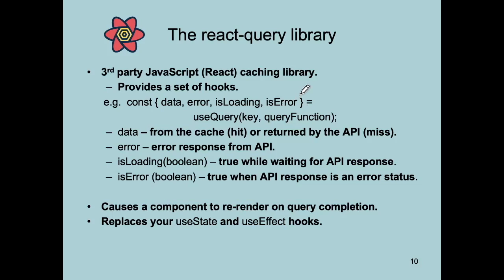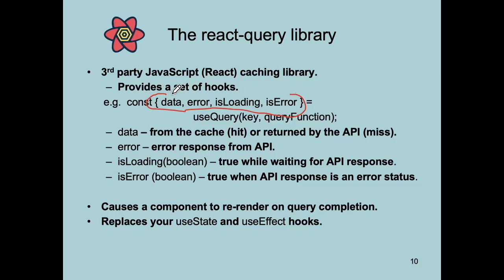Now, what it actually returns is something a little more elaborate than that. I'm showing you here that it returns an object structure with a number of parts to it. The data key within this object structure will refer to the data associated with the key.